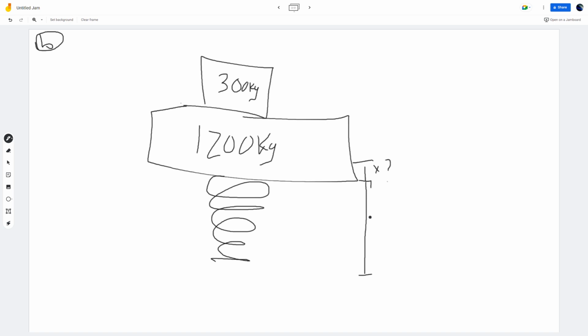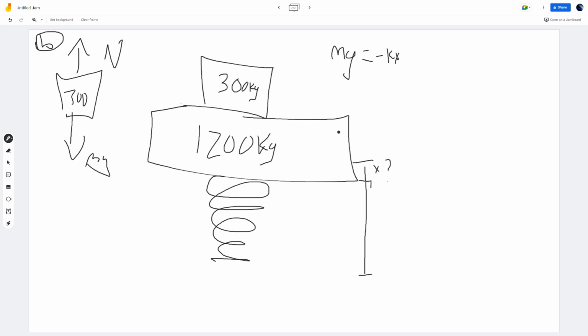So let's set up our equation. Again, we have mg equals negative kx. You can draw a free body diagram, whatever: 300 kilogram mg pointing down, and being held up by the spring force, so you could also put that. And we're given a spring constant of 15.